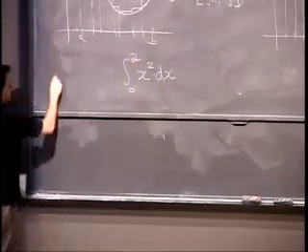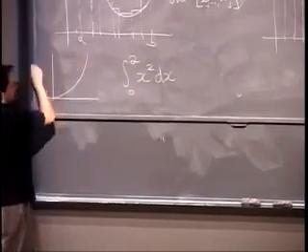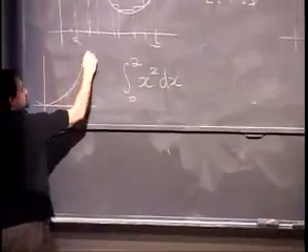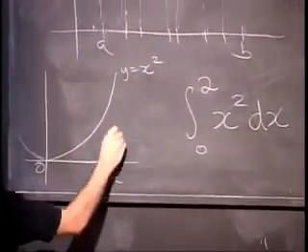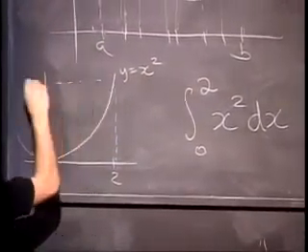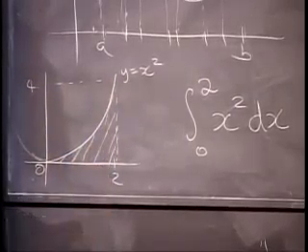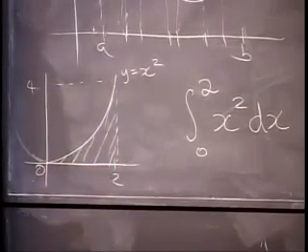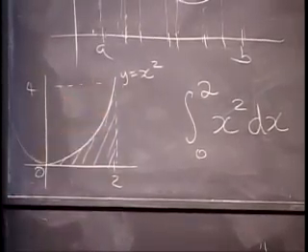You take the curve y equals x squared, you go from 0 to 2, and you take this area here. And that is not something you can do really without calculus. You've got to do some limit like this because the thing is curved.